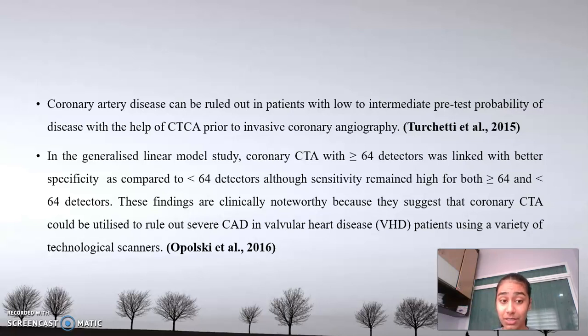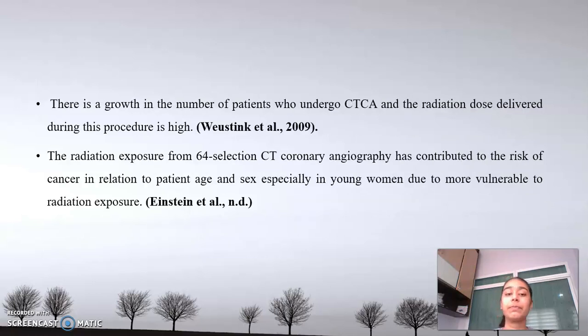These findings are clinically noteworthy because they suggest that coronary CTA could be utilized to rule out severe CAD in patients with valvular heart disease using a variety of technological scanners.